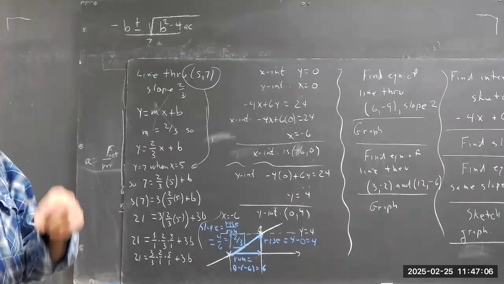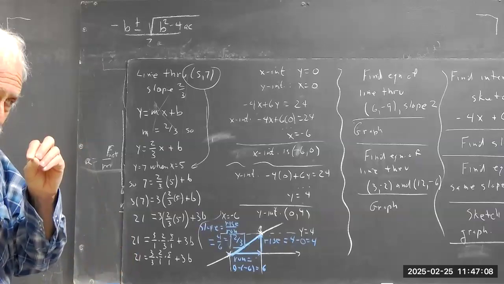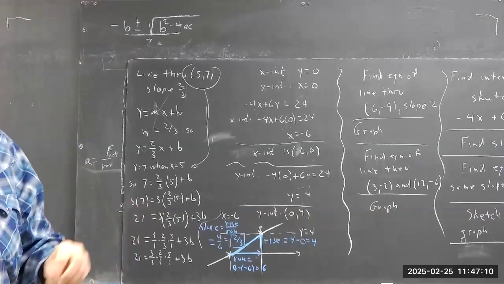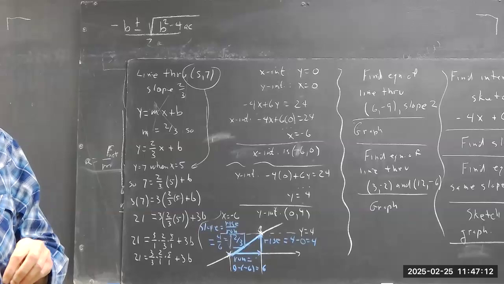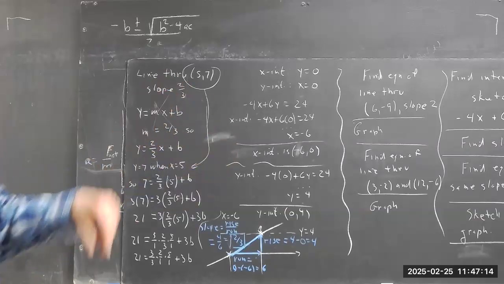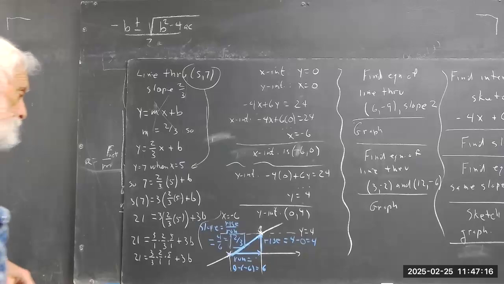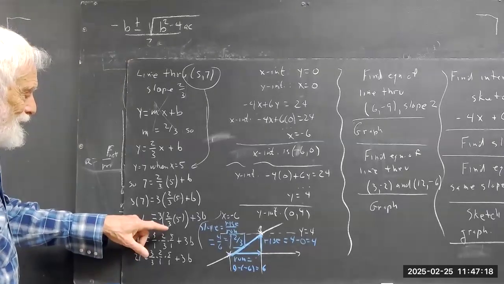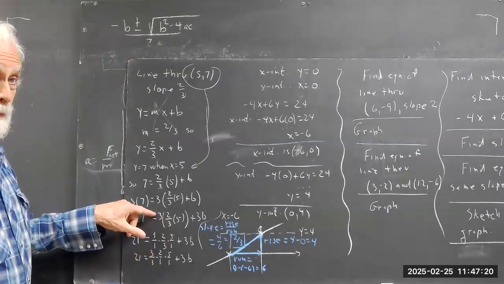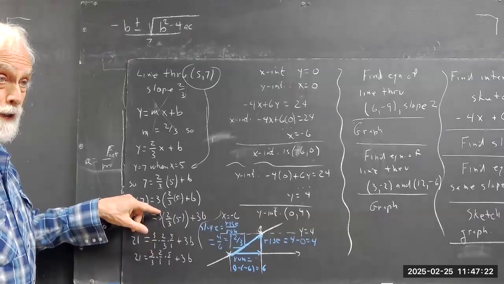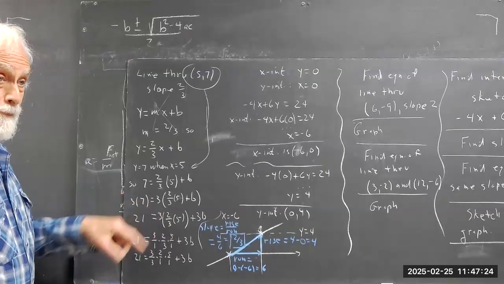I don't like to use cancellation because 2/3 of a class typically doesn't understand what cancellation is, okay? 1/3 understand it just fine. So, yeah, you could cancel this with this because this is a factor of the denominator and this is a factor of the numerator.